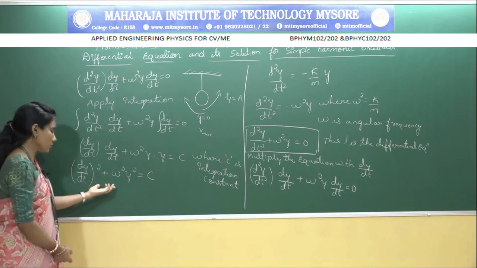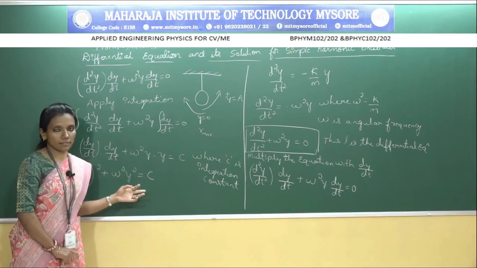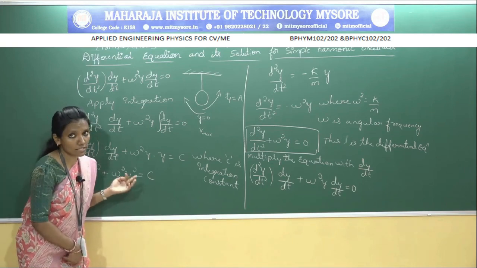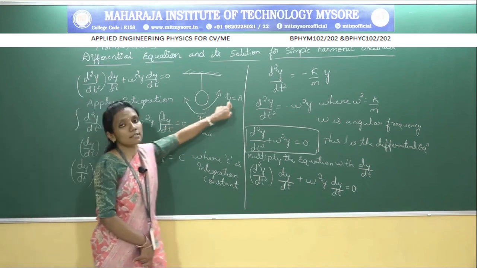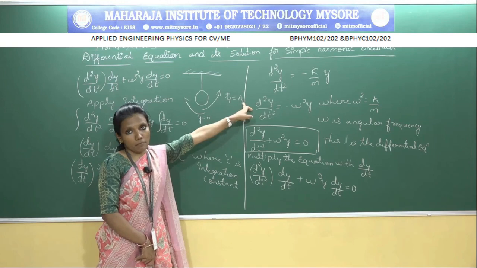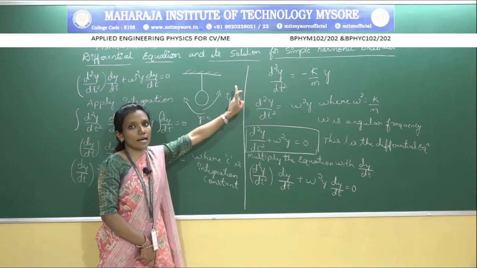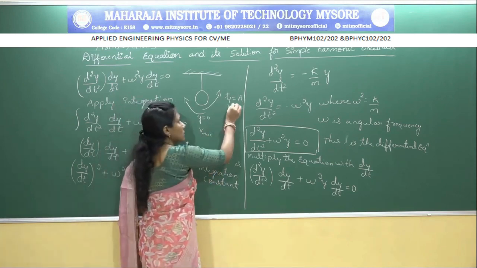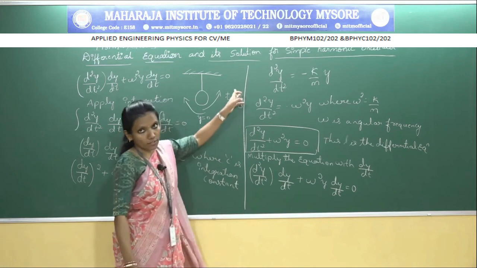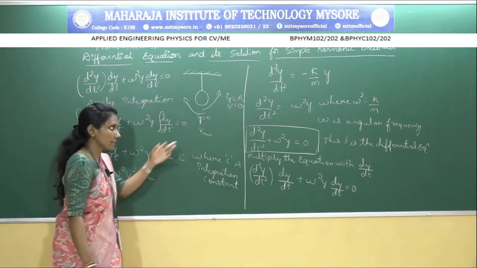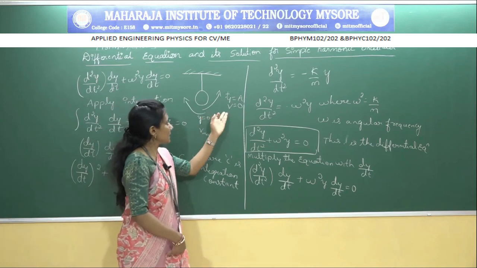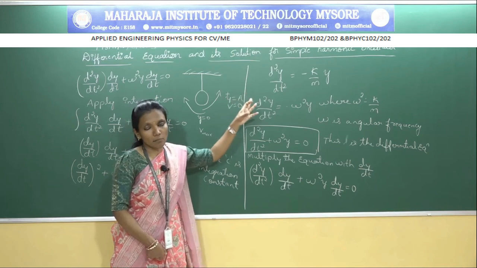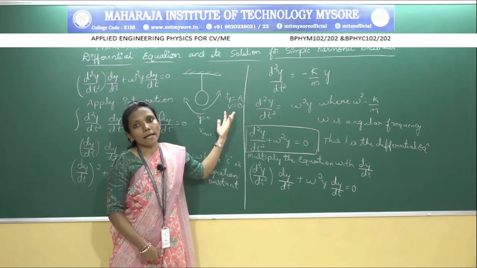Now we have to find the constant value by applying some conditions. What is the condition? The particle is oscillating; the displacement will be maximum at the extreme position, and at that time the velocity is 0 at the extreme point. When the particle is oscillating, it is momentarily at rest, and then it will come back in the backward direction.